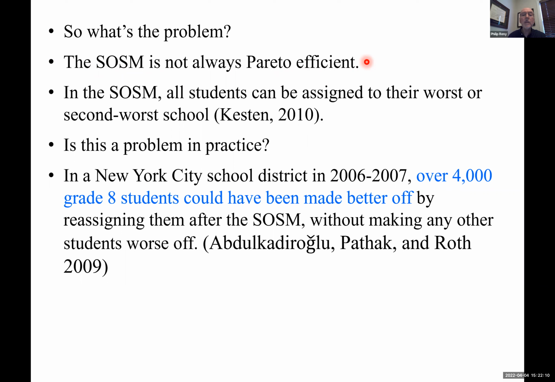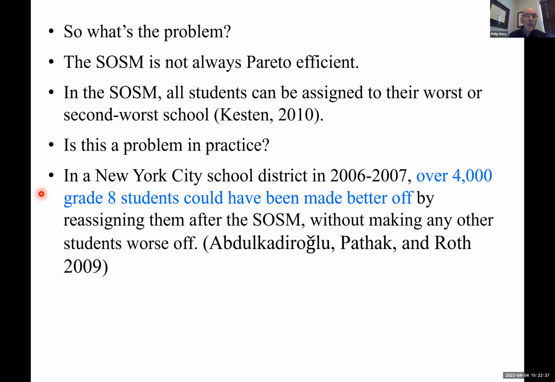Because if it's stable, it has to be no better than the student optimal stable match, but then that would contradict that the student optimal stable match is not Pareto efficient. So whenever the student optimal stable match is not Pareto efficient, if what you're looking for is a Pareto efficient match, it's definitely not going to be stable.